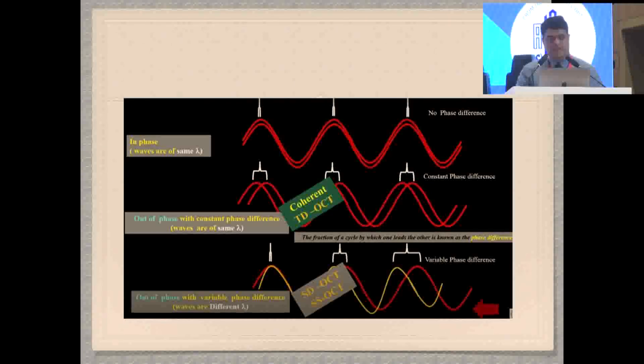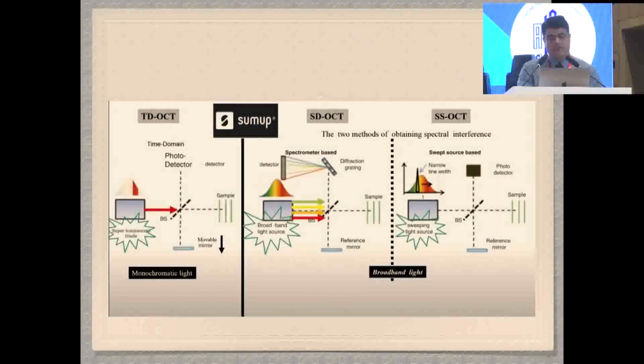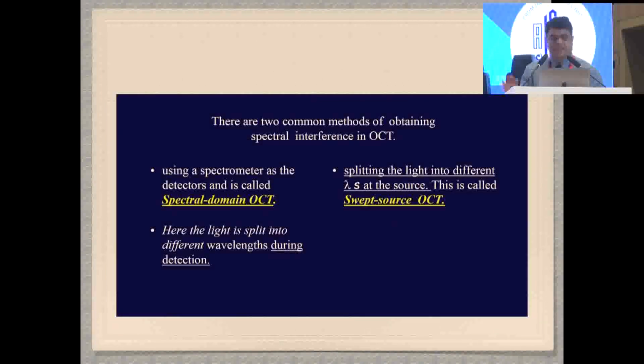With different OCTs, we have evolved from the time domain OCT, in which constant phase difference waves were used, to the spectral domain and the swept source based OCTs which are used now. The basic difference between spectral domain and swept source OCT is how the light is captured.